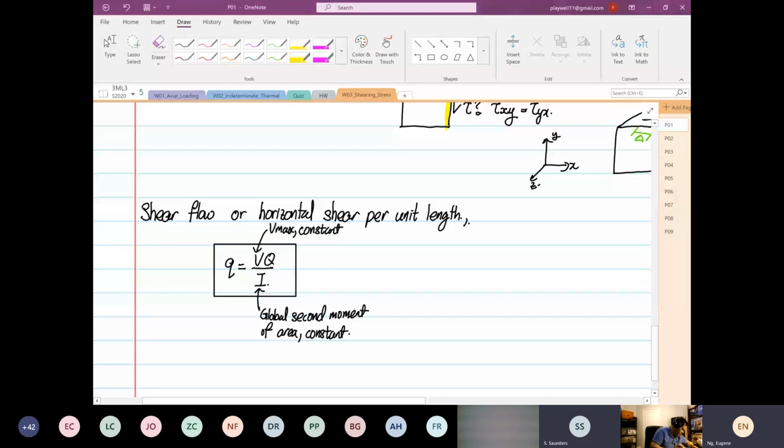The only thing that's going to be a variable is Q. So that is going to be the variable.